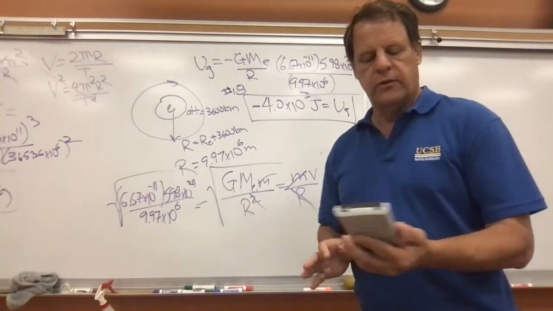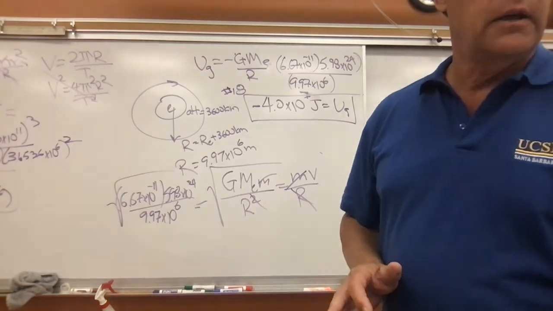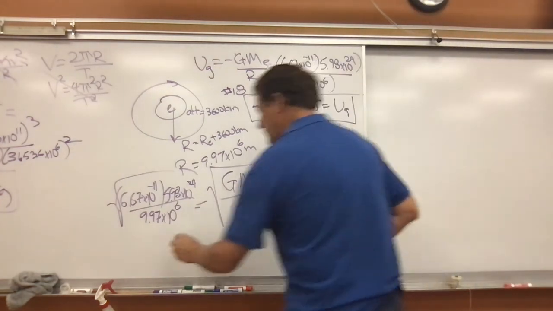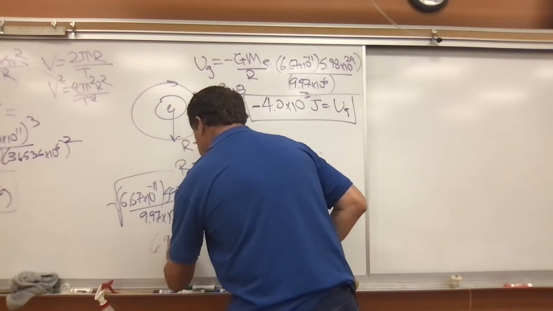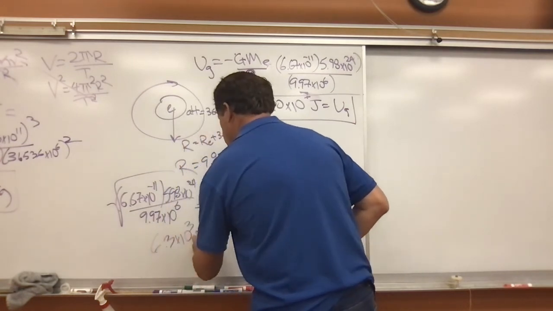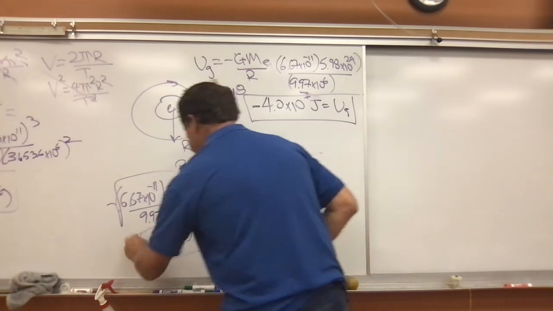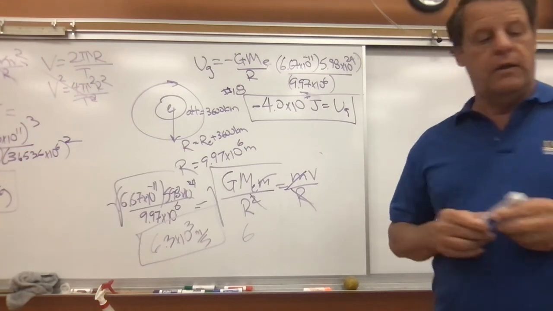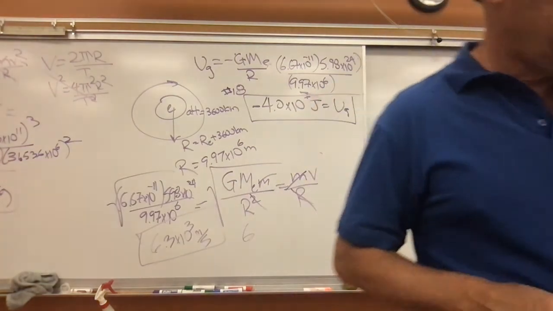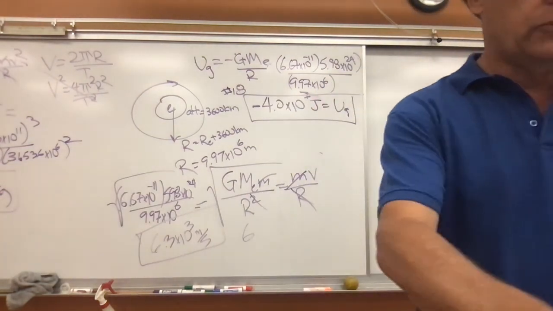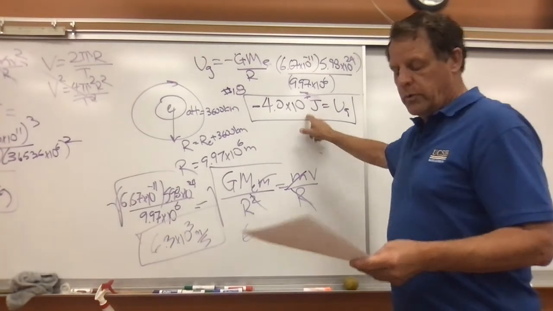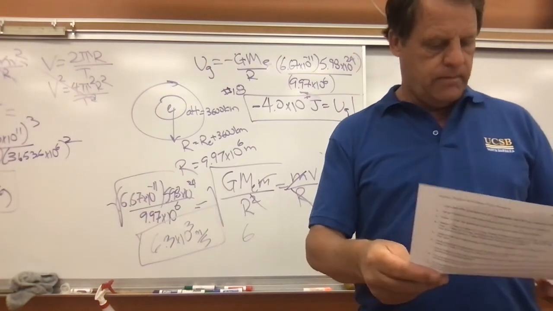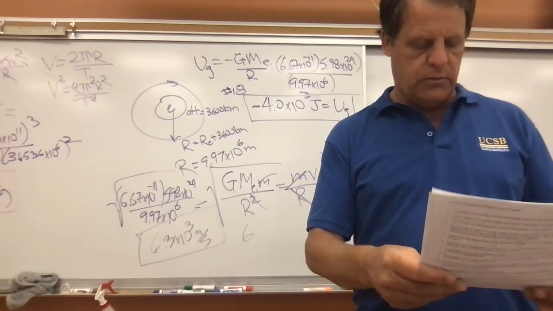All right, so we're going to get 6.3 times 10 to the third meters per second. That right there is going to be equal to essentially just the square root of that. Okay, so I just want to check some numbers here.